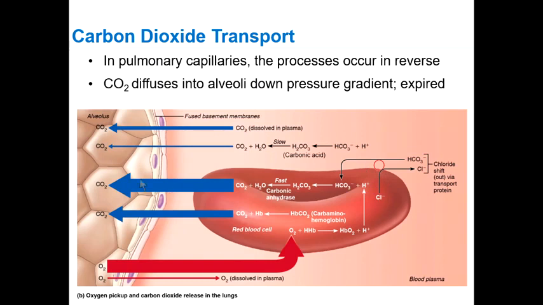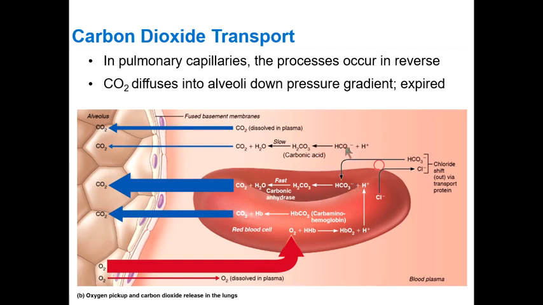Now once we get to the lungs, here's an alveoli or an alveolus singular, we need to breathe out this carbon dioxide, eliminate it, but most of it is in the form of the bicarbonate ion, so we need to reverse back to carbon dioxide. Well, not the dissolved carbon dioxide in plasma, that can just diffuse into the alveolus, but the bicarbonate ion, whether we went the slow route or the fast route, just goes in reverse order.